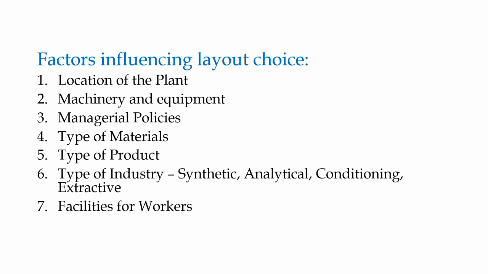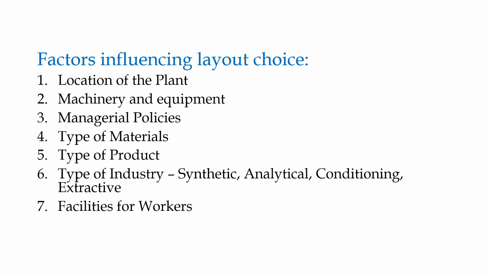And managerial policies, what are the managerial policies regarding the layout type or layout design, whether they are planning to have a design for the present requirements or the layout design has to be made for considering the future requirements, or for an existing organization what the management is thinking about to redesign the existing layout to take some strategic advantage or to optimize the costs.